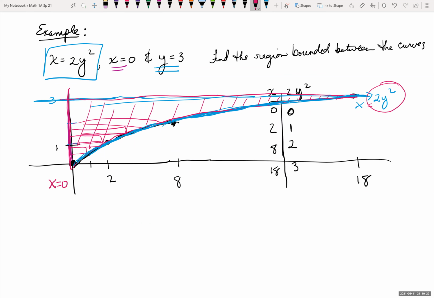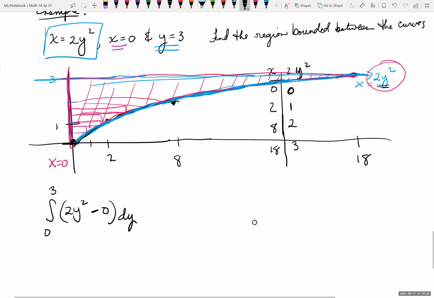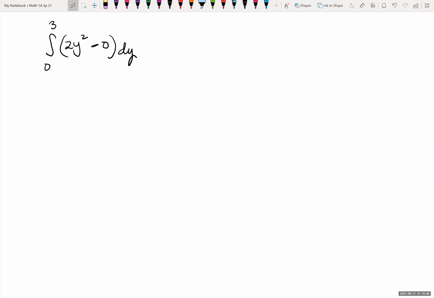And so if we kept it in terms of y, our bounds are 0 to 3. Our top function, the bigger one, is 2y squared minus the bottom one, which is 0, dy. Taking the antiderivative again isn't too bad.